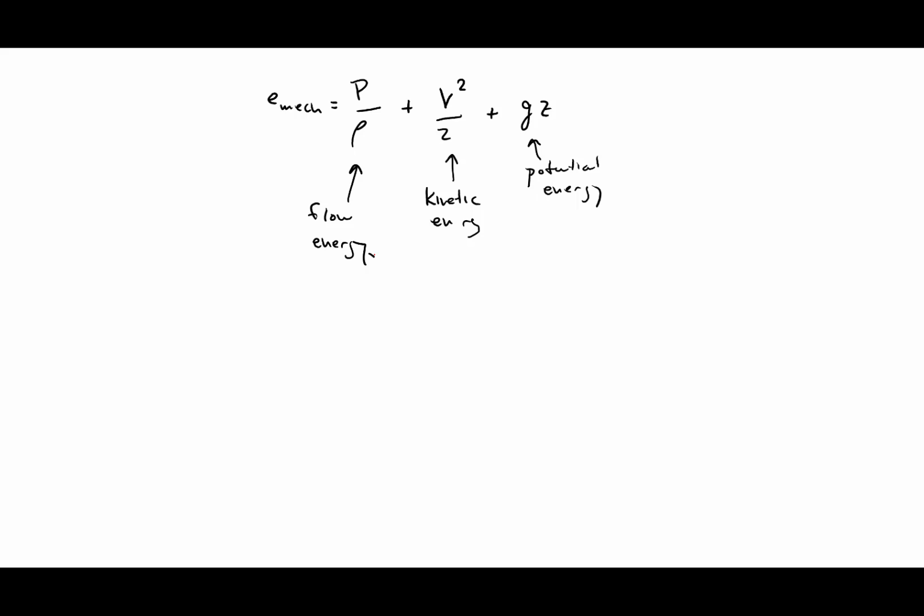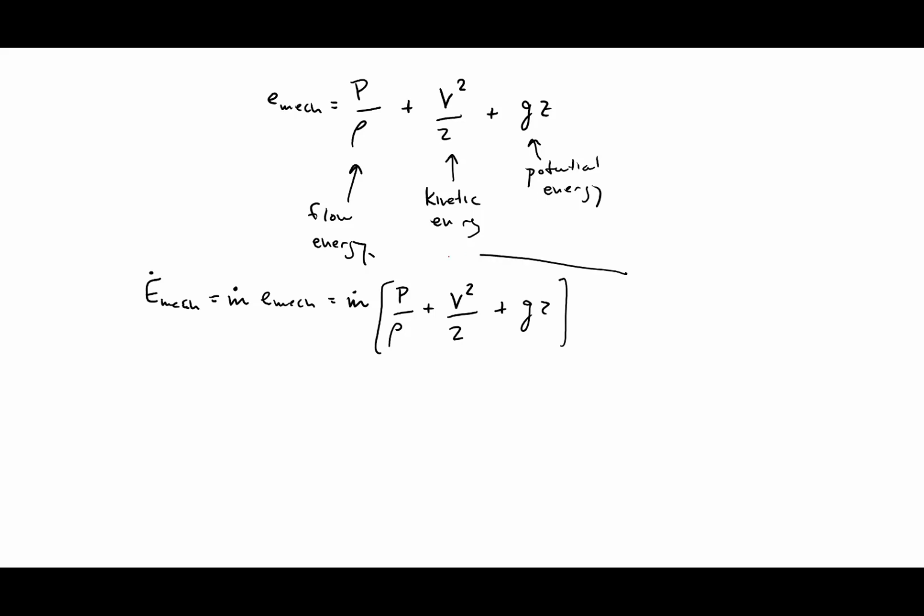And this can be written in rate form as E dot mech is equal to the mass flow rate multiplied by e mech, which is equal to the mass flow rate multiplied by P over rho plus V squared over 2 plus gz.